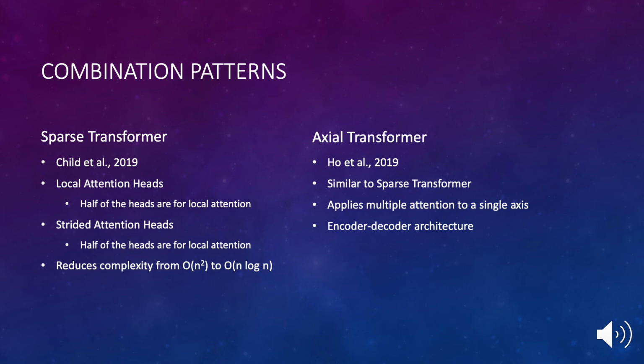This helps reduce the density of the attention matrices while maintaining some degree of global context. The axial transformer is very similar to the sparse transformer, the difference being that it is an encoder-decoder architecture, and it splits up the matrices axially and applies attention to a single axis as opposed to the whole matrix.